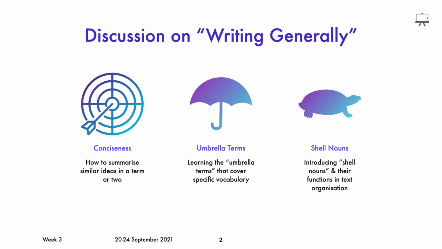So by conciseness, we simply mean how you're going to condense similar ideas in a term or two, so that you can use fewer words to say the same thing.